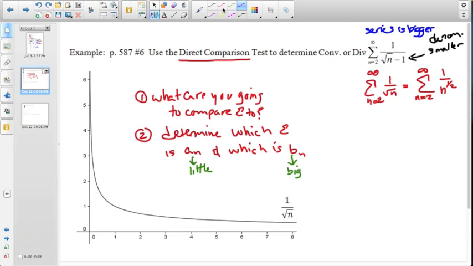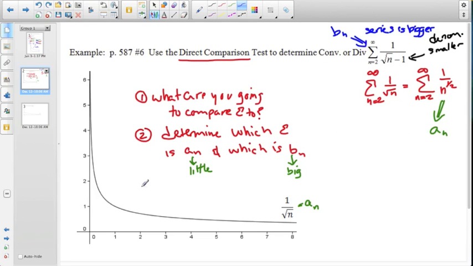So this is going to be your a sub n, and this is going to be your b sub n. As it is, we can only use the direct comparison in this situation to determine divergence. So we better hope that this diverges.